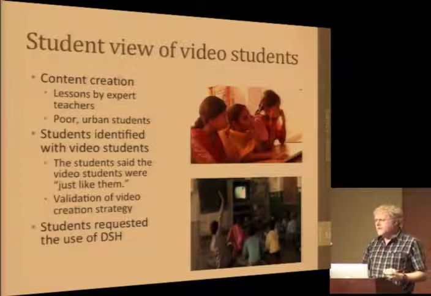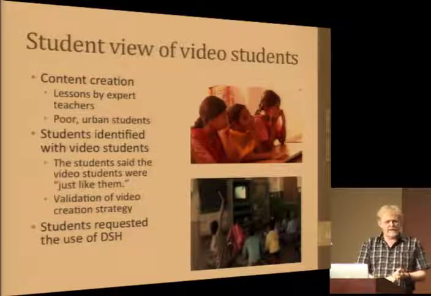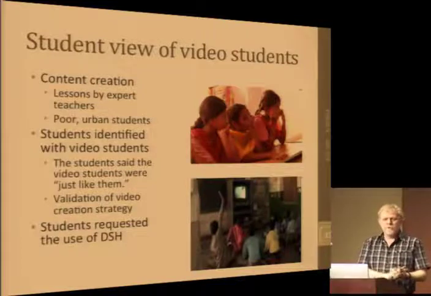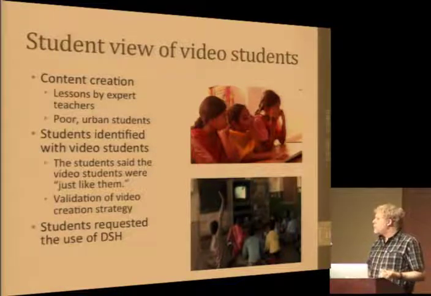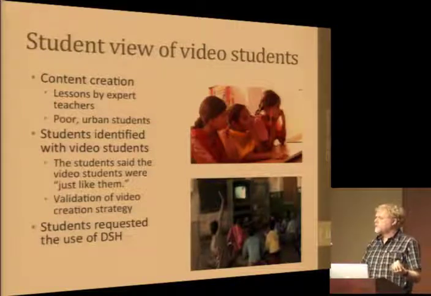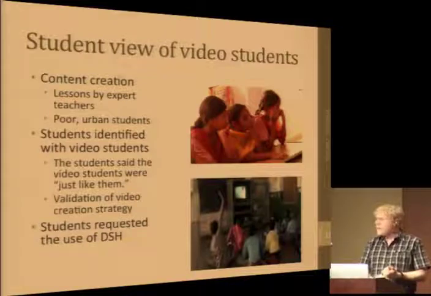One of the interesting things done in this project is that videos were created in an urban school, but the students in the video were drawn from the urban poor. There was thought to match the students in the video with the target students in the primary schools. This turned out to work very, very well.